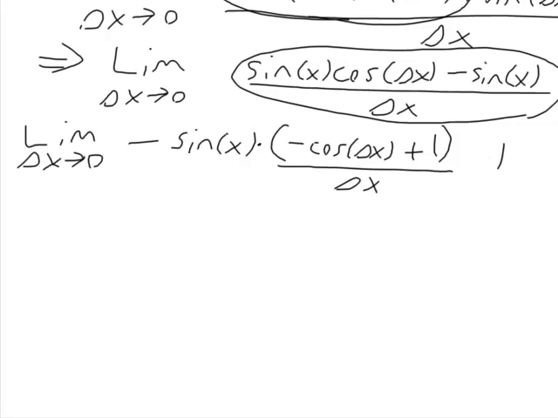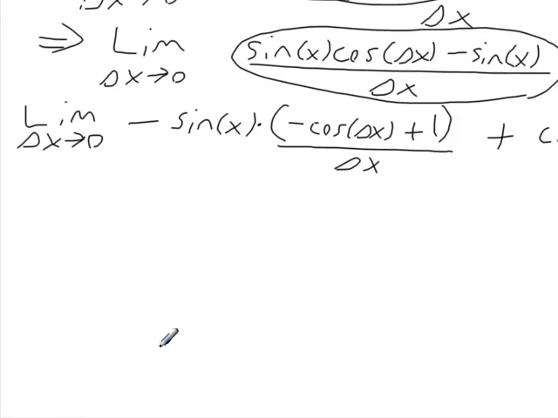And likewise on the second portion I'll factor out a cosine of x, and I'm left with the sine of delta x divided by delta x. Now you may not see it quite yet, but hopefully it will become clear with the next step where we're going with this.